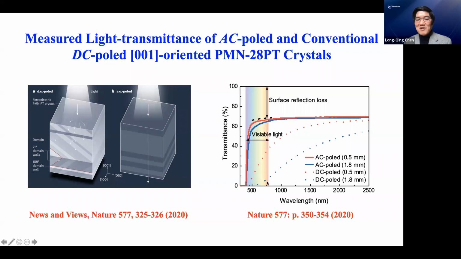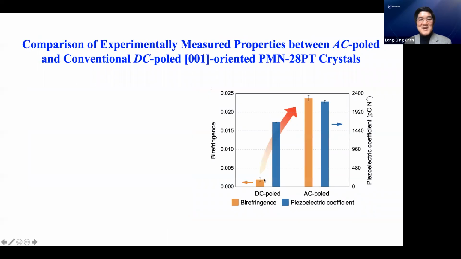And if you look at the right-hand side figure in terms of the transmittance of light, for the visible wavelength region, as you can see, comparing the AC pole crystals to DC pole, there's a big difference. Okay?